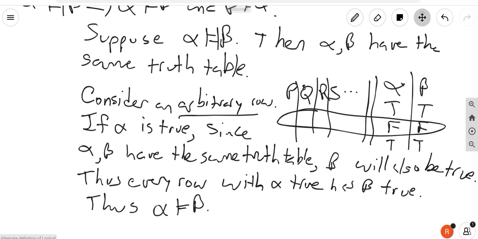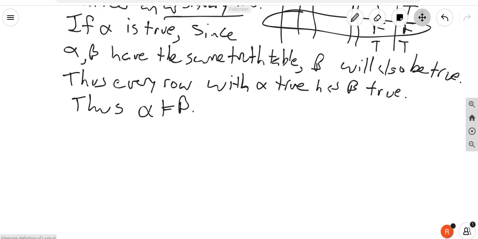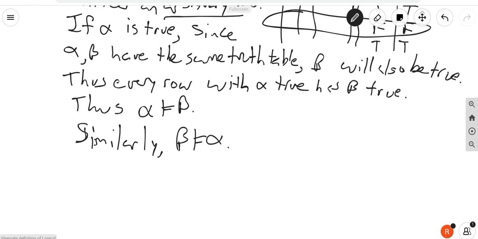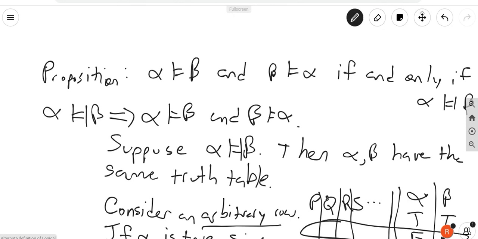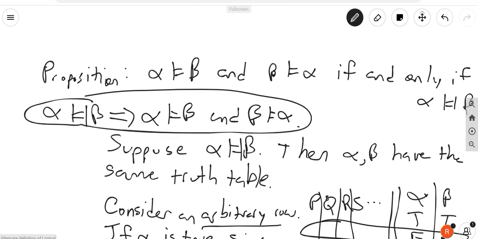And you can do the exact same kind of argument to show that, similarly, beta semantically entails alpha. And that's part of the argument that we wanted to show. Thus, what did we want to show? We wanted to show this right here, that if we have this logical equivalence, then we have these two semantic entailments.